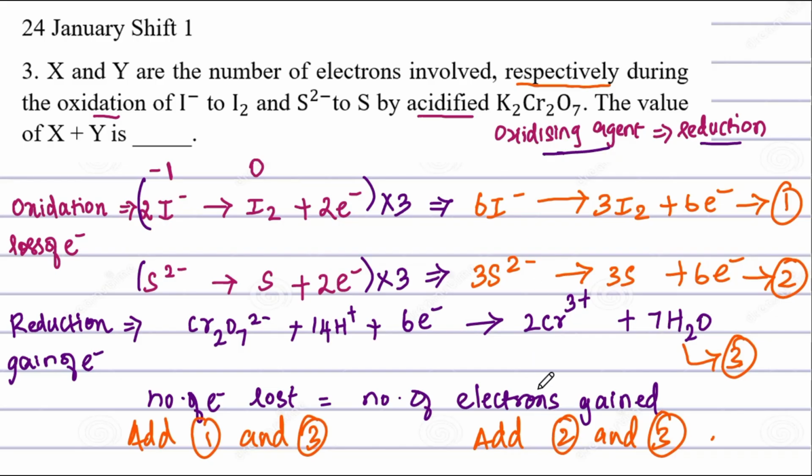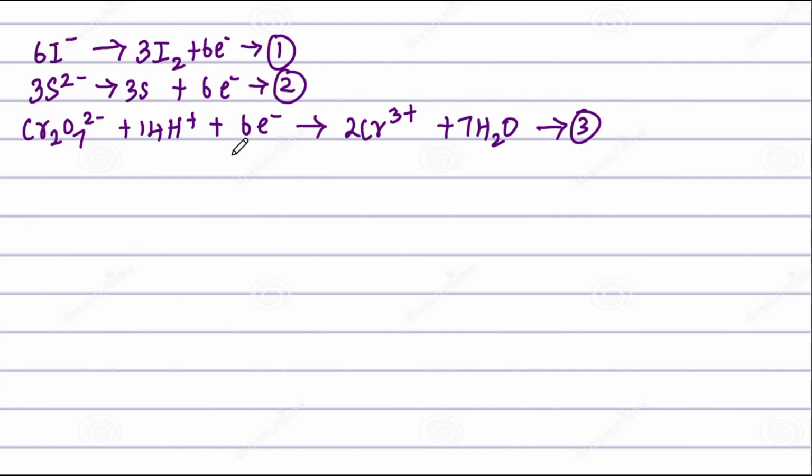So let us see the adding of the equations. I have written all 3 equations. First, let us add 1 and 3. You add the reactant and the product side separately. In the reactant side you have 6 electrons in the third equation, and in the product side you have 6 electrons in the first equation, so they will get cancelled.